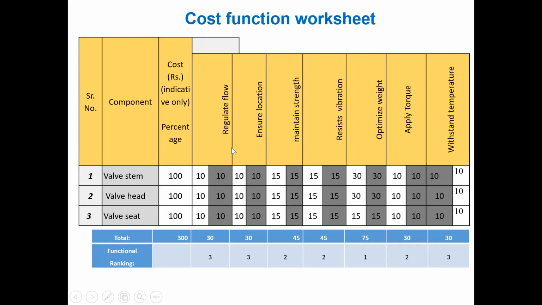Even you can also do the function analysis with the help of this sheet, where I gave some examples for a ballpoint pen and the fuel pump. Here what I've done is that I've allocated 100% cost for the individual subdivisions or subparts. So I'm going to compare how much cost I need to spend for individual functions like regulating flow and other functions.